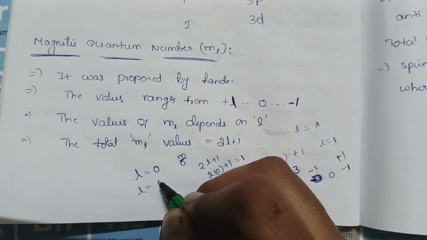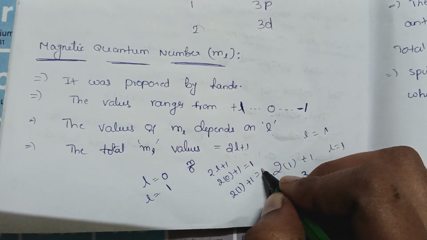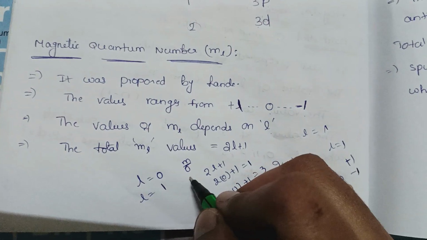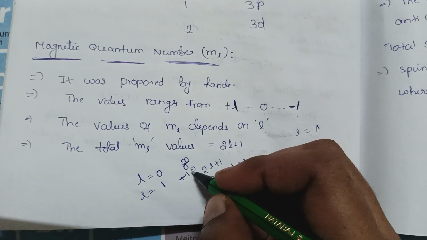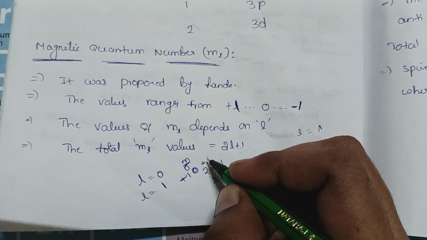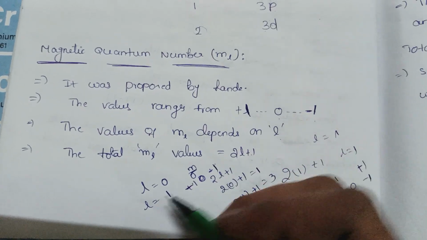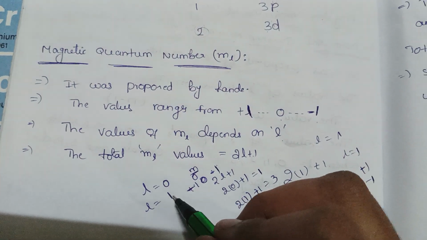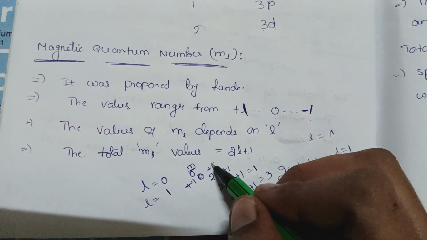If L equals 1, 2 into 1 plus 1 is 3, so +1, 0, -1. If L equals 1, the higher value is +1 and the lower value is -1.